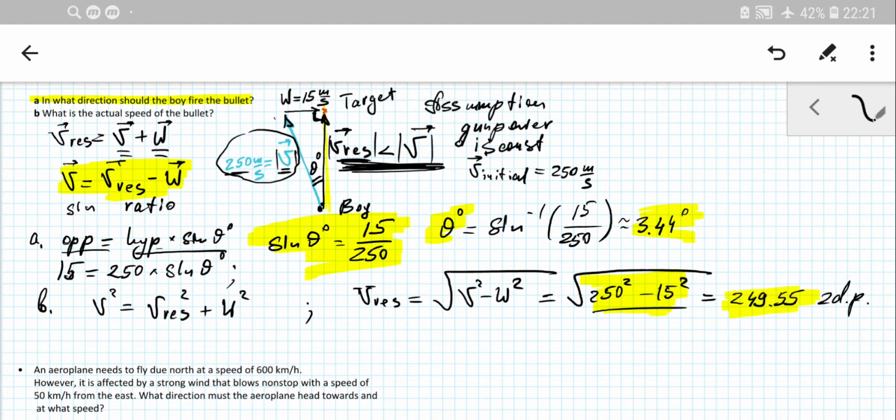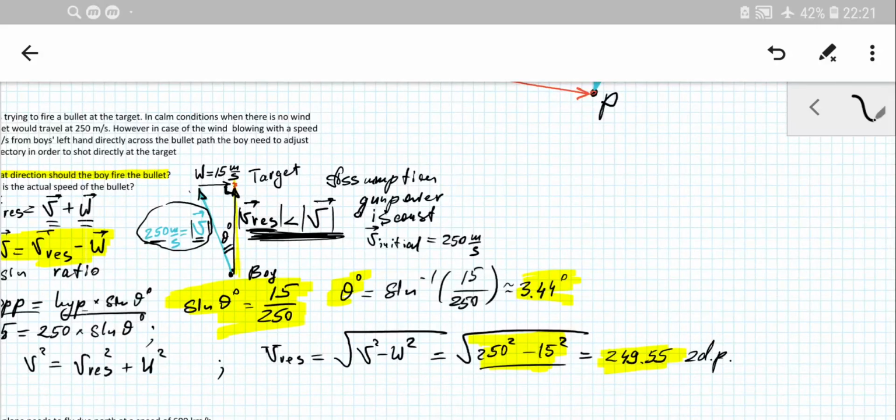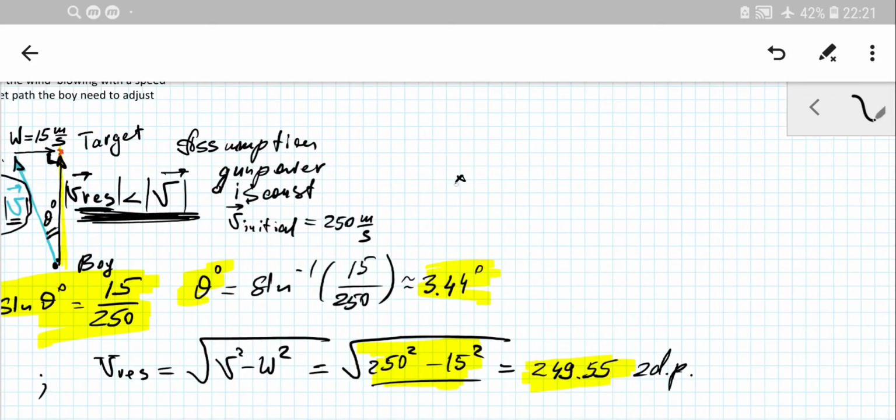Is it enough to get to the target? Because if you consider the actual trajectory, for example, I'll just draw up the picture. If the boy is standing here and that's, let's say, the north direction, and this is the target, and this is the level where the boy is holding the gun, you understand that if the distance is not so great, the bullet can reach it in less than a second.